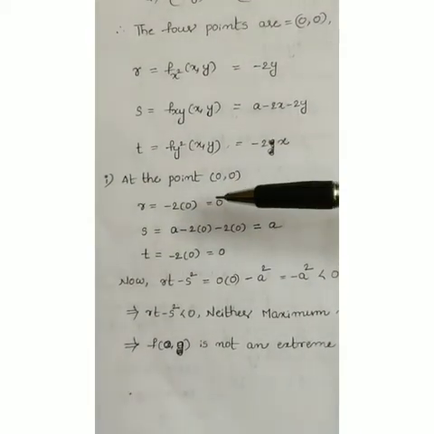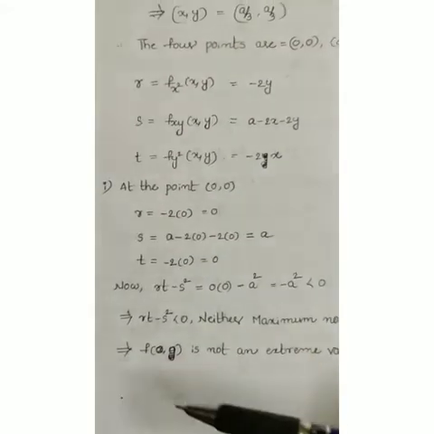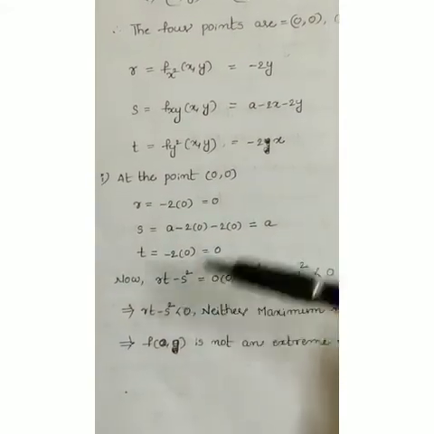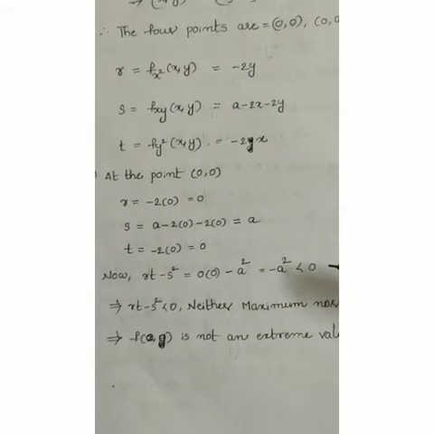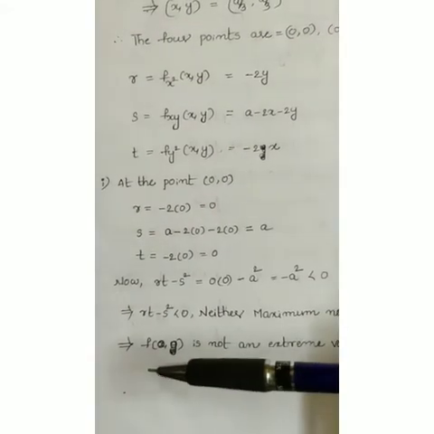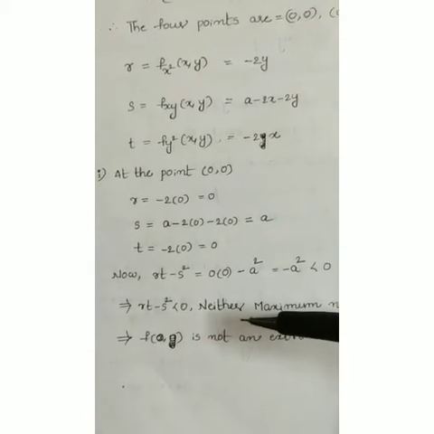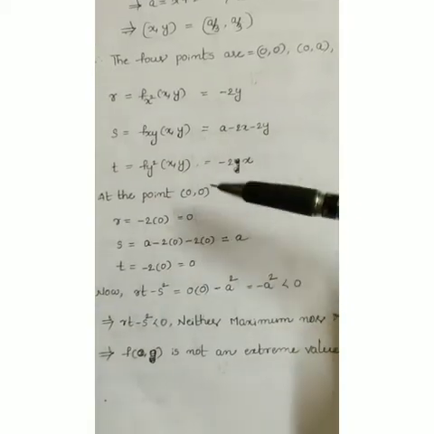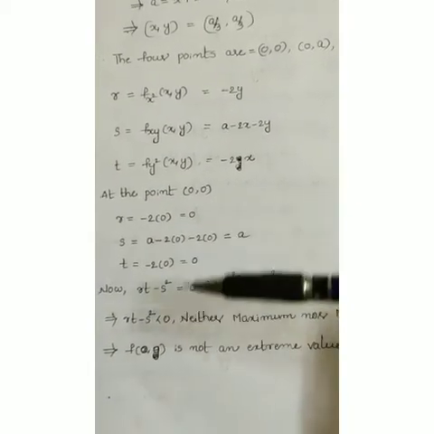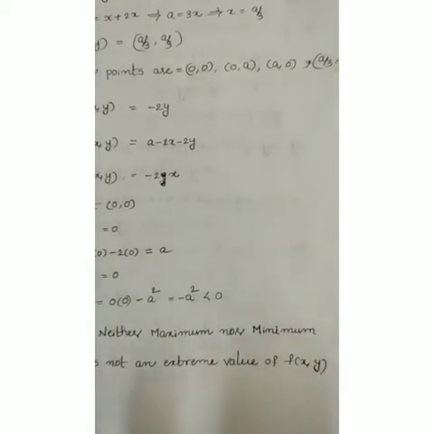So the values r and t are zeros and s equal to a. Now rt minus s square equal to 0 into 0 minus a square, that is minus a square, which is less than 0. So rt minus s square is less than 0. So this is neither maximum nor minimum. So the point 0 comma 0 is not an extreme value of f of x comma y.